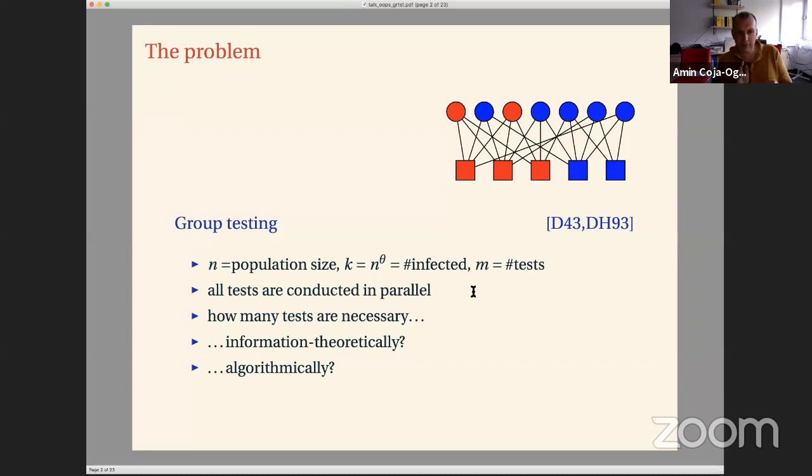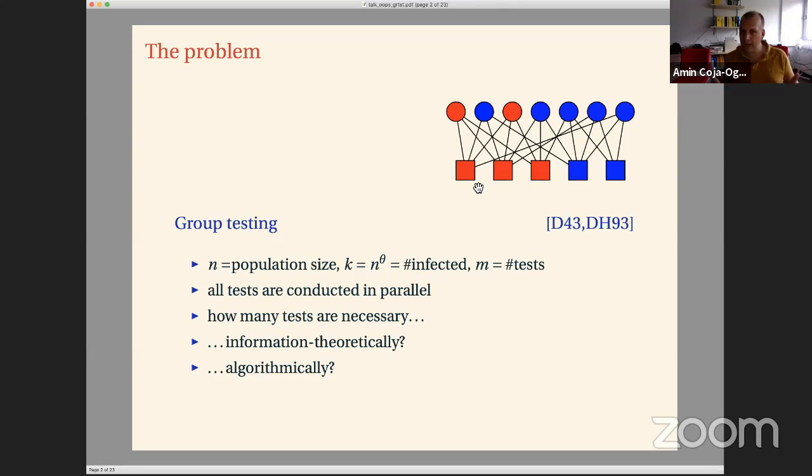The second question, somewhat more ambitious, is whether you can in fact solve the problem algorithmically. Is there a polynomial time algorithm that, given the test results, is going to tell you who the infected individuals are? And one great feature of this problem, like in a few other inference problems, is that we have the test design at our discretion.